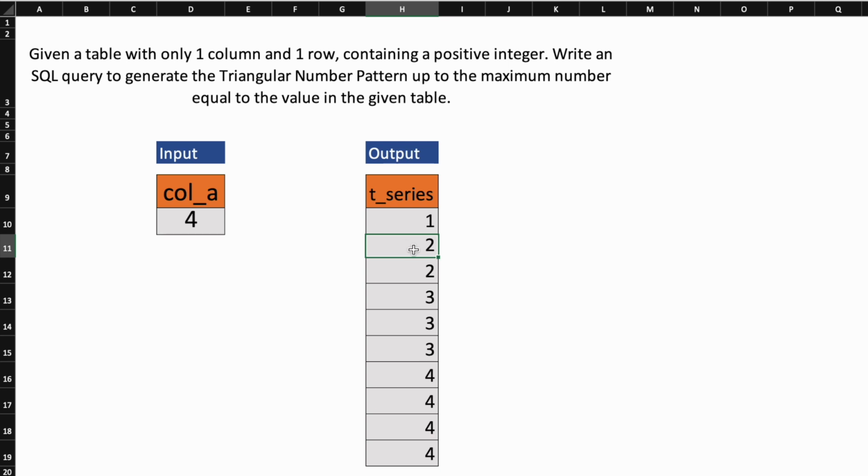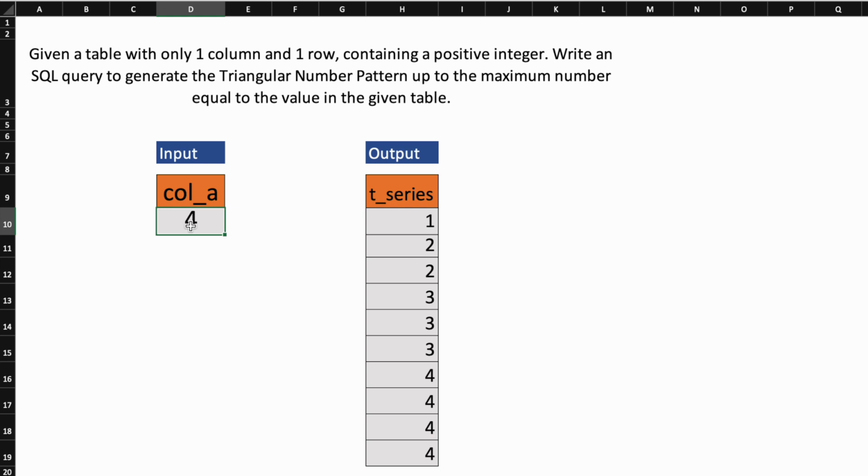So we will get 2 and 2, and the next number would be 3, repeated 3 times. So 3, 3 and 3, and the next number would be 4, which is repeated 4 times. We are going to stop this series when we reach the number that is given in our input table, which is the number 4. Hope you have understood the problem statement.